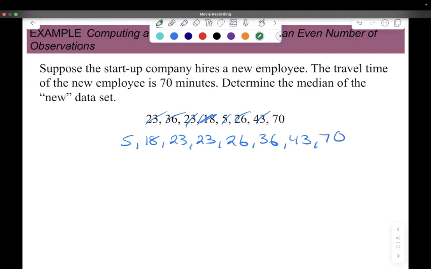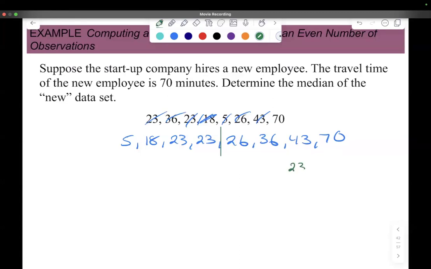But now I have 8 data values. I can't just circle the one in the middle because the middle is in between here. So what you do is you average those two values. You find out what is smack dab in the middle of those.